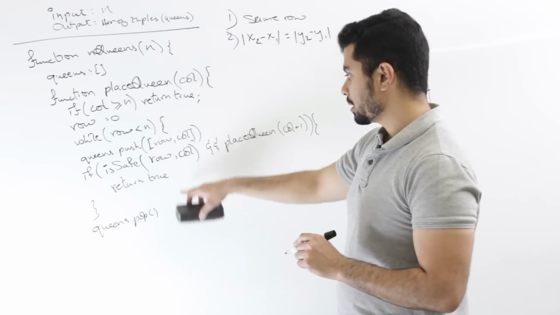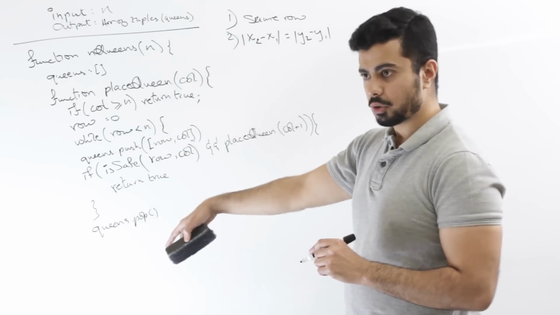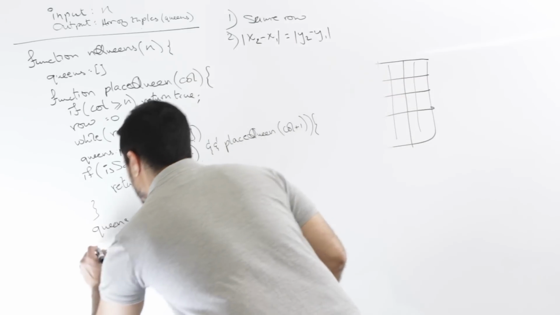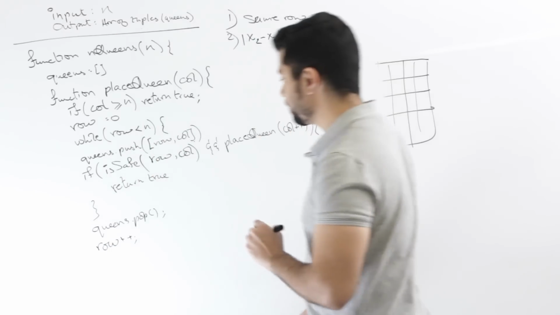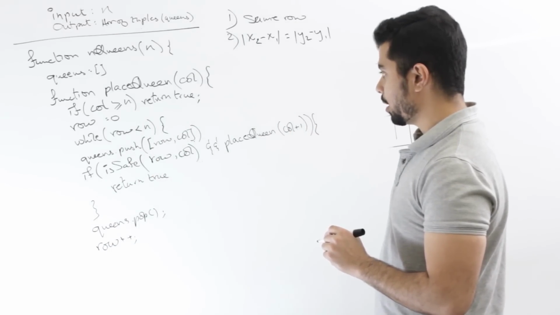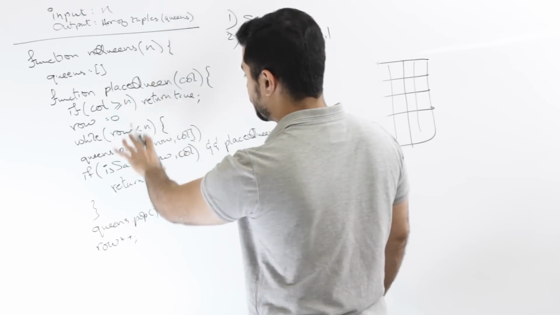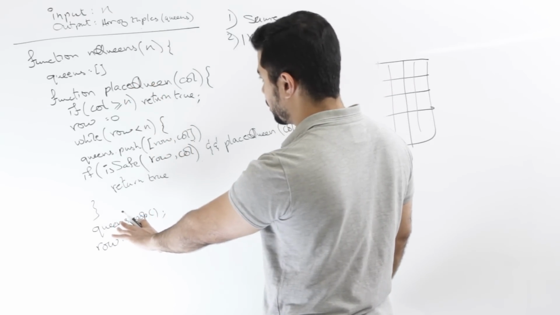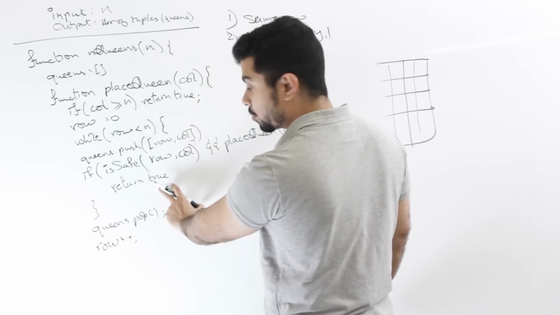Well, we don't have this thing anymore, and we just increment the row, and then we let the while loop continue on. So I'll say row plus plus, right? Yeah. And that's it. So eventually, let's say my place queen function returns true over there, right? It returns true over there.